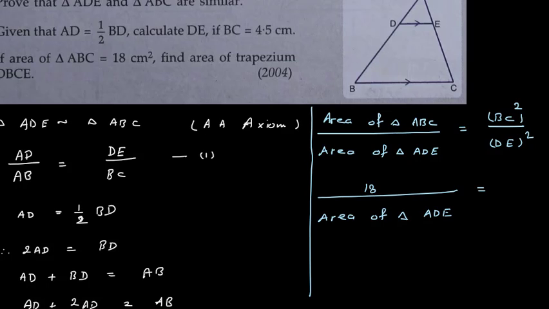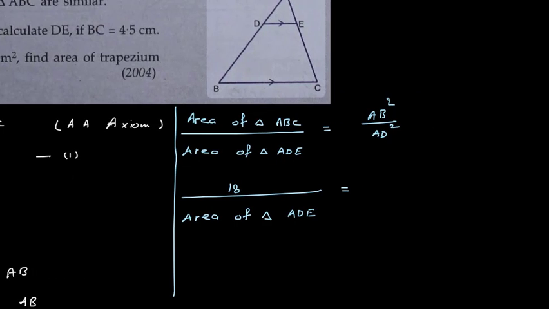This will be equal to, the value of BC is 4.5, so 4.5 square divided by the value of DE, 1.5 square. Or instead of writing like this, in place of BC I will take AB square divided by AD square, and simply you can say that this is equal to AB upon AD the whole square, and this is nothing but 3 upon 1 the whole square.